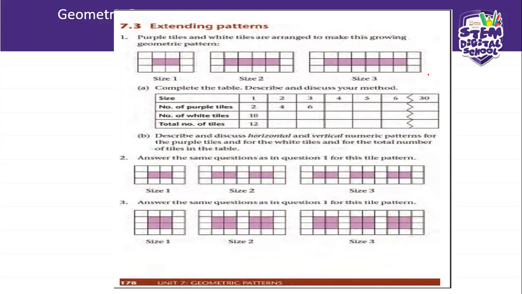So you realize that as we go along, more purple blocks are being added. Besides the purple blocks, what do we see?